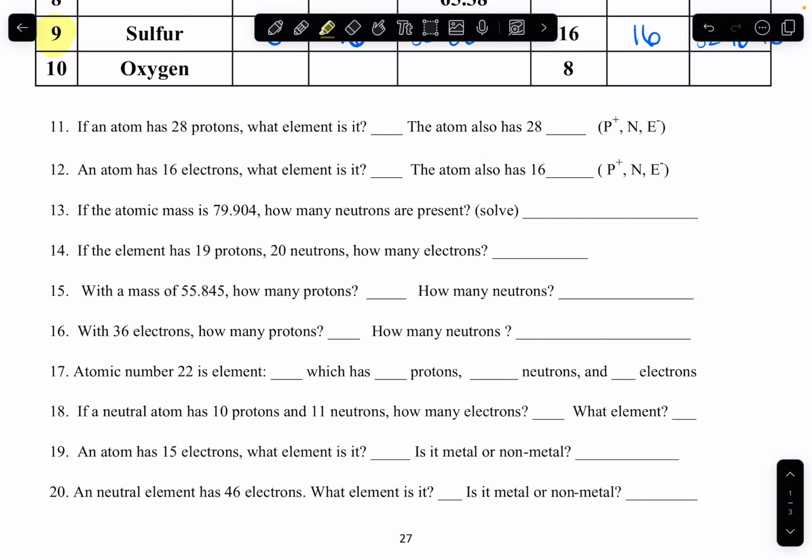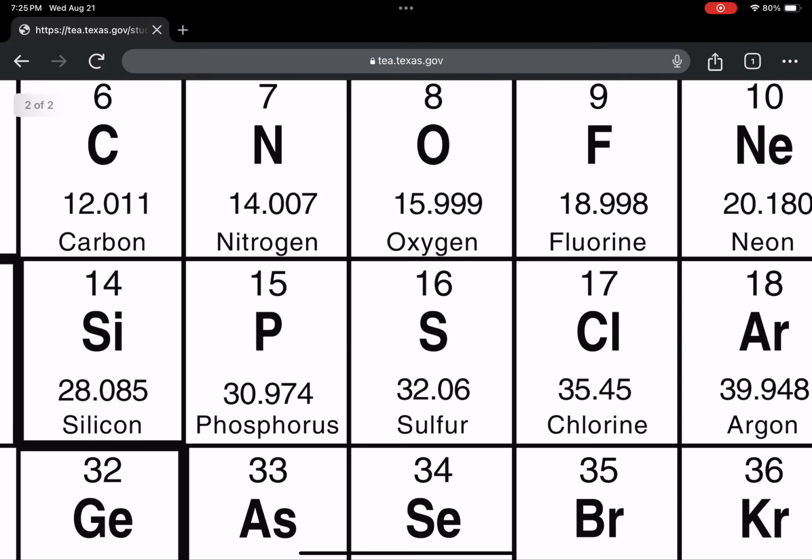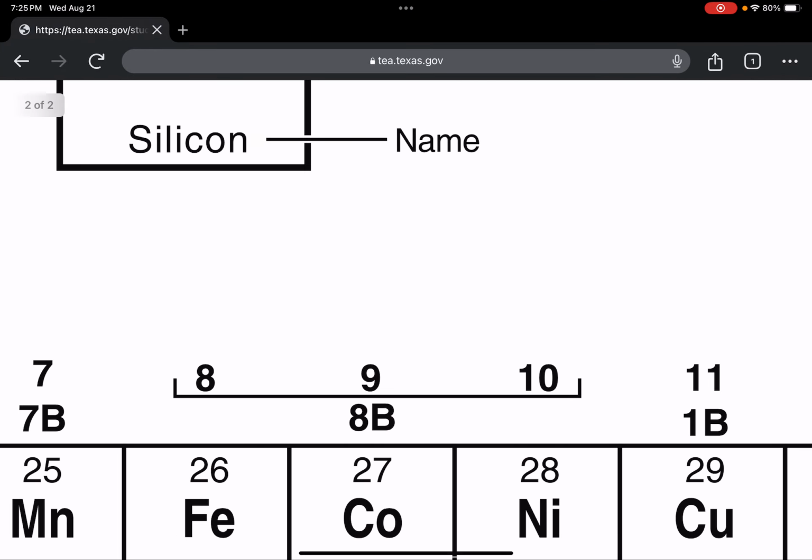All right, let's look at all these. Let's do 11. Then we'll do 13. Then we'll do 18 and 20. Let's do those. Okay, number 11. If an atom has 28 protons, what element is it? Okay, so let's go find number 28. Oh, there it is.